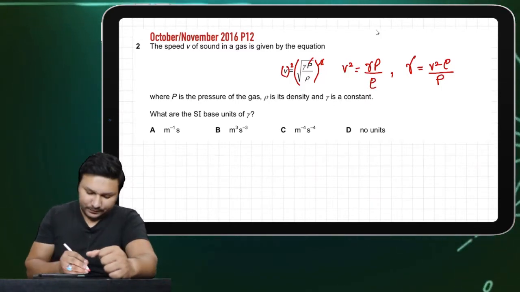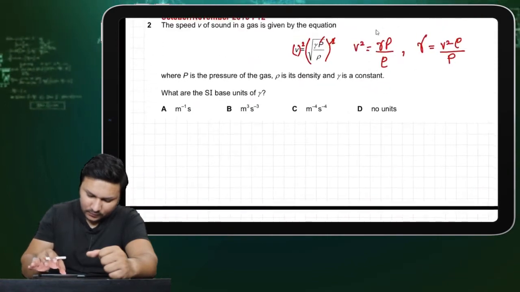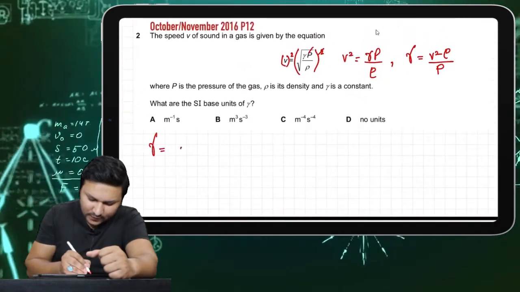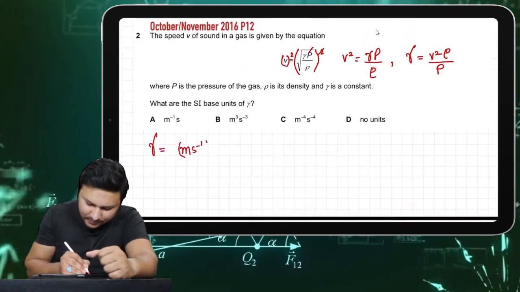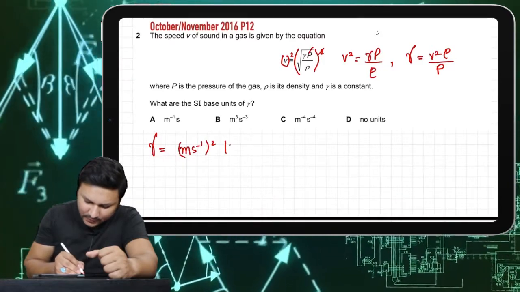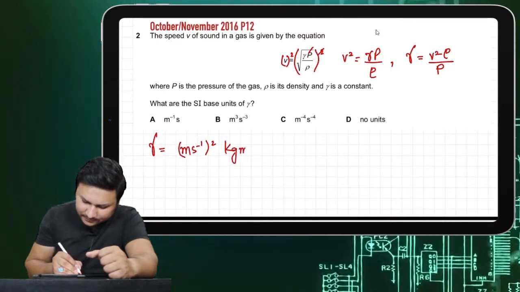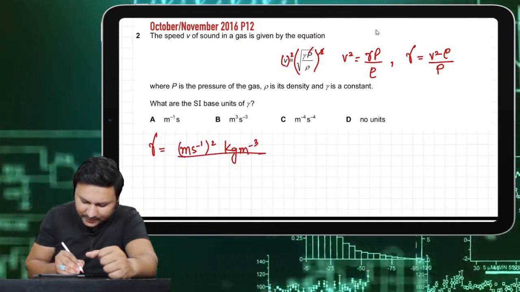So, V is velocity, square, density over pressure.